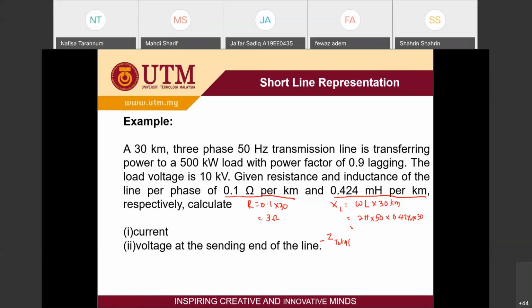So you get 3.99 or maybe 4, J4. So your Z total is 3 plus J4 ohm.